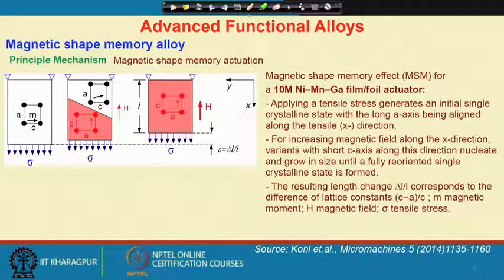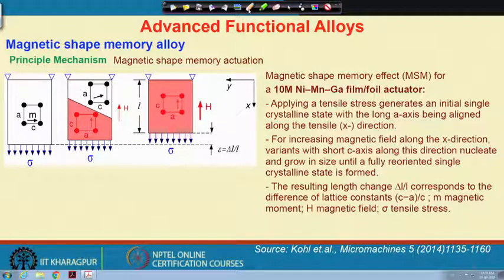So, in this case let us say we take such a ferromagnetic material, and we have a lattice. Here is the direction of the A axis and this is the C axis. And now we have applied a stress. So, this is already under stress. So, you can understand these are the fixed moments.